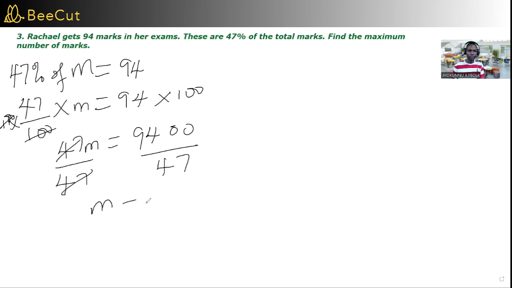I can have M equals 9400 divided by 47, and that's going to give me 200. 47 in 94 is 2. That means the total mark is 200 marks.